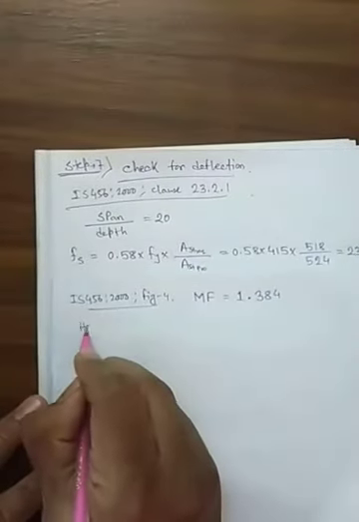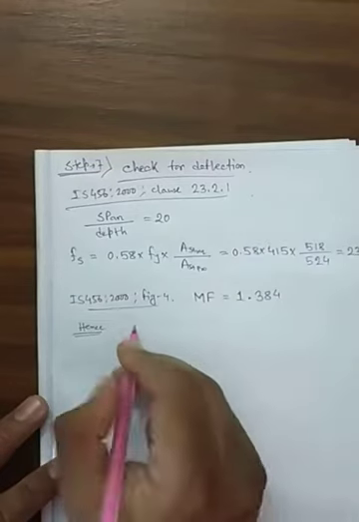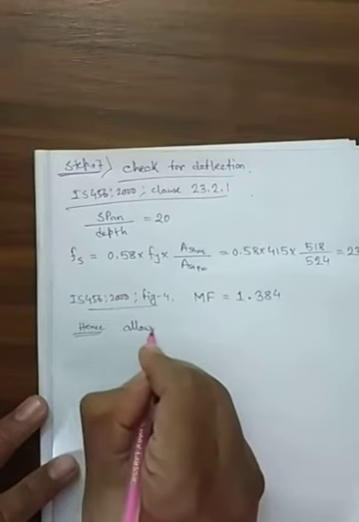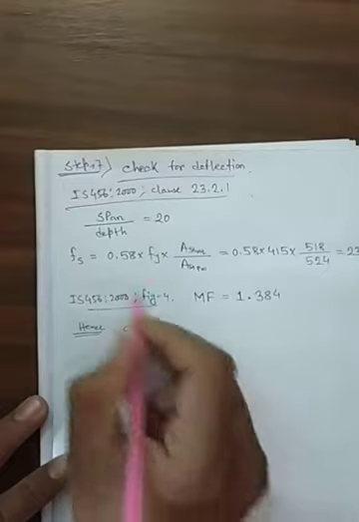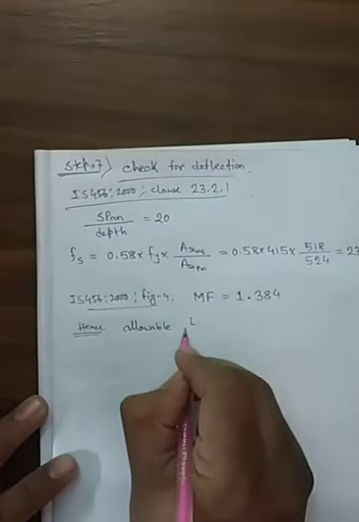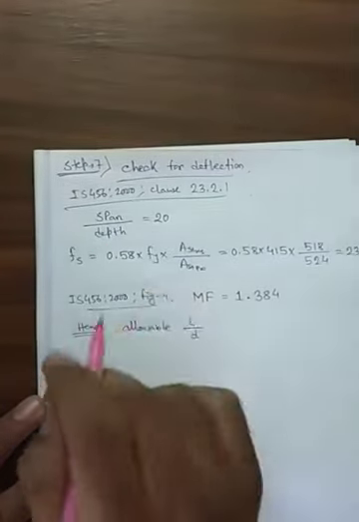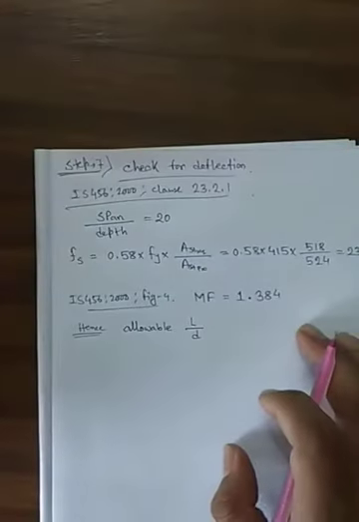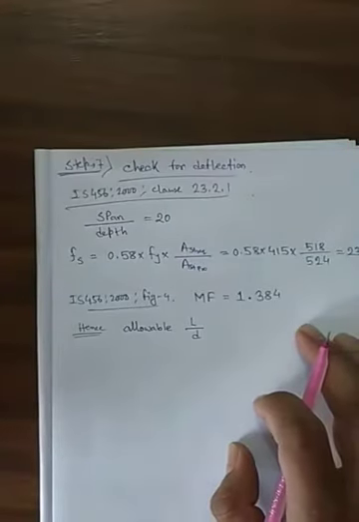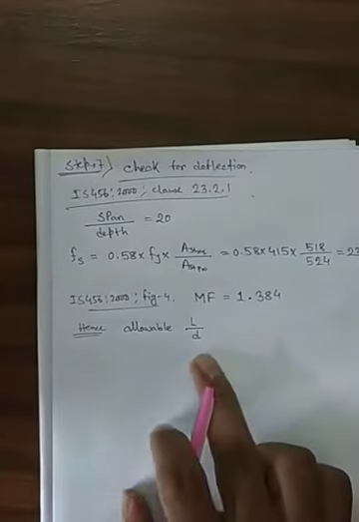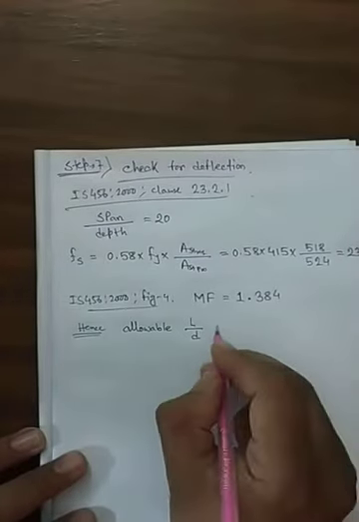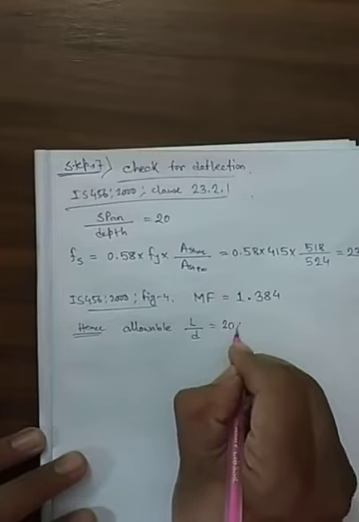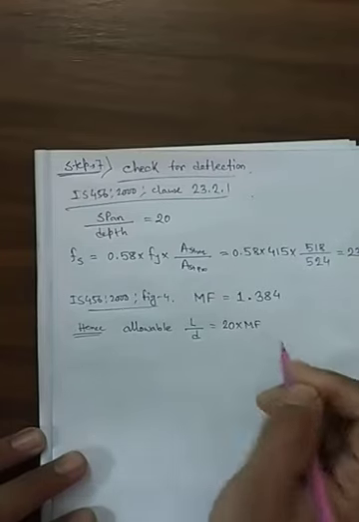So hence our allowable span by depth means L by D. Remember one thing, this depth value is always the effective depth value. Don't take this as overall depth. This is effective depth. So our L by D is equal to 20 into modification factor.